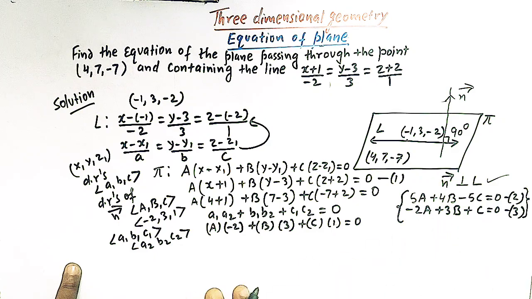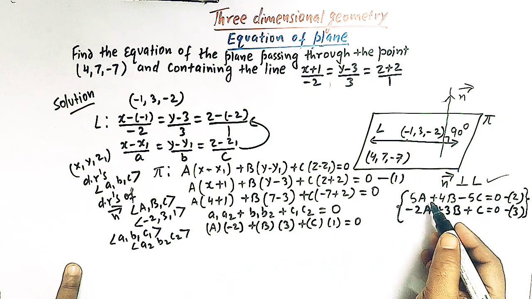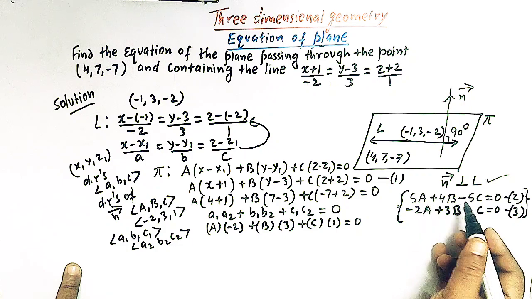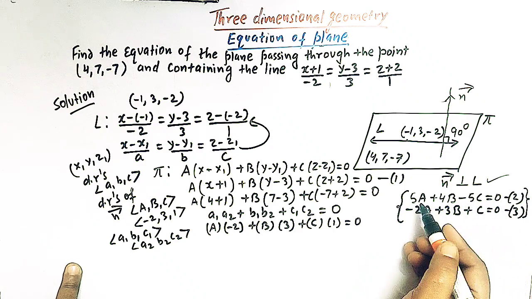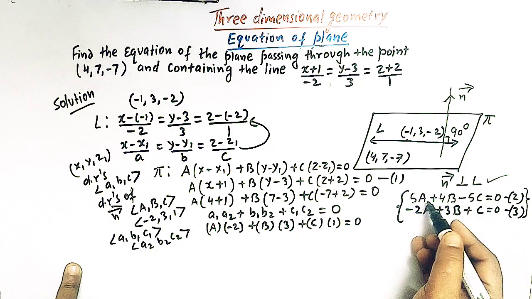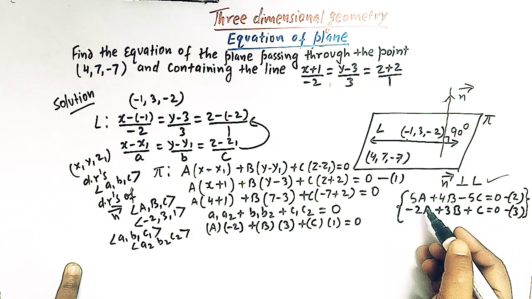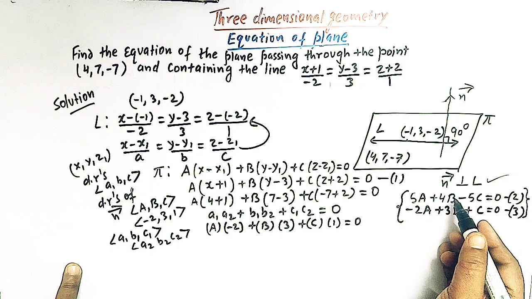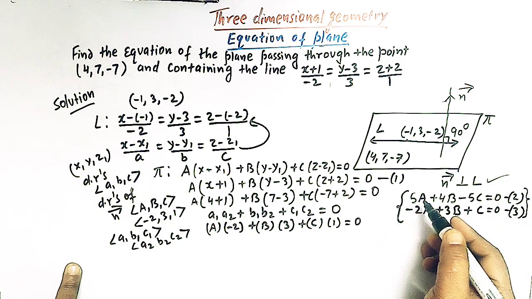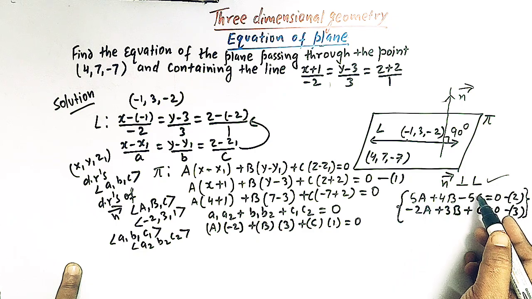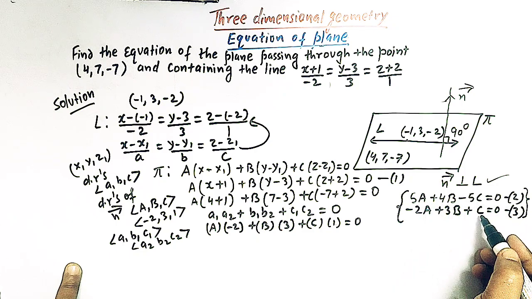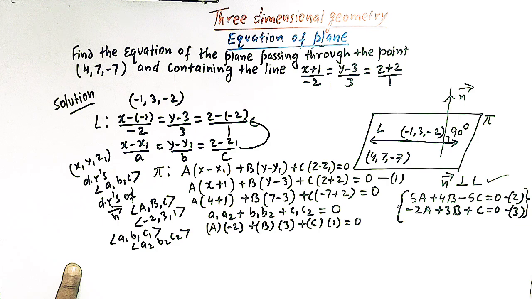So now the usual practice to solve two equations in three variables is the cross multiplication method, but here I will prefer the elimination method. So we'll select any of the three variables here, and then we'll equate the coefficients of that selected variable, and then we'll eliminate the variable by either adding the equations or subtracting the equation.